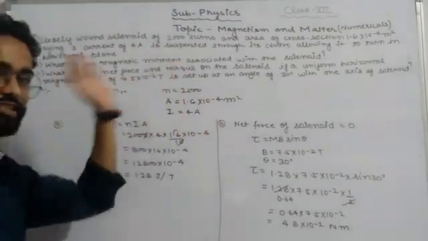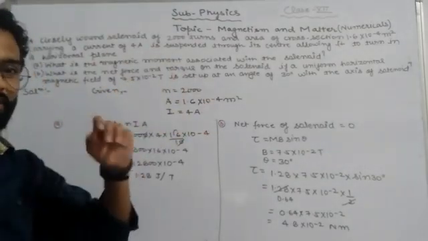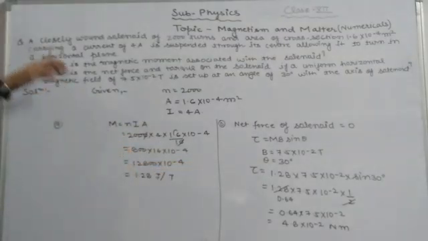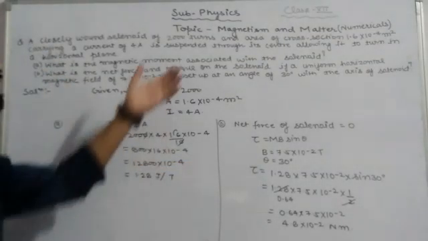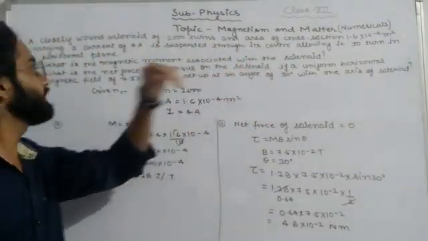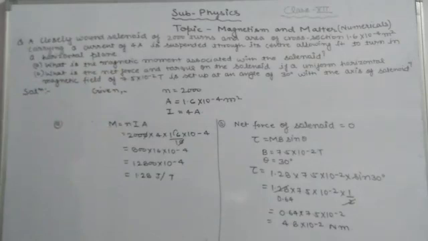So once again, just recall this numerical. This numerical was lengthy, but do not worry about that, only the formula matters. A closely wound solenoid of 2000 turns and area of cross section 1.6 × 10^-4 m², carrying a current of 4 ampere, is suspended through its center, allowing it to turn in a horizontal plane.